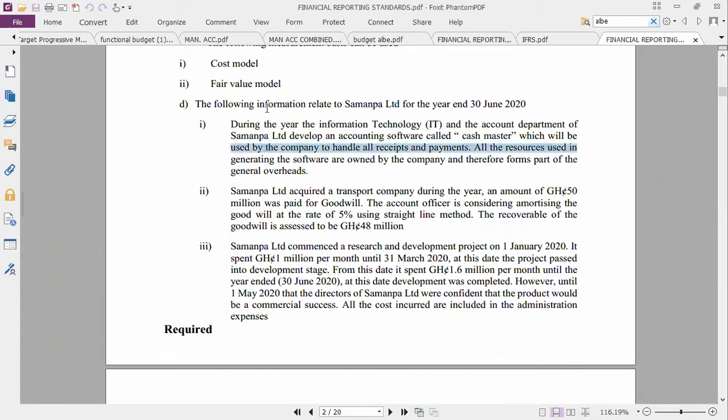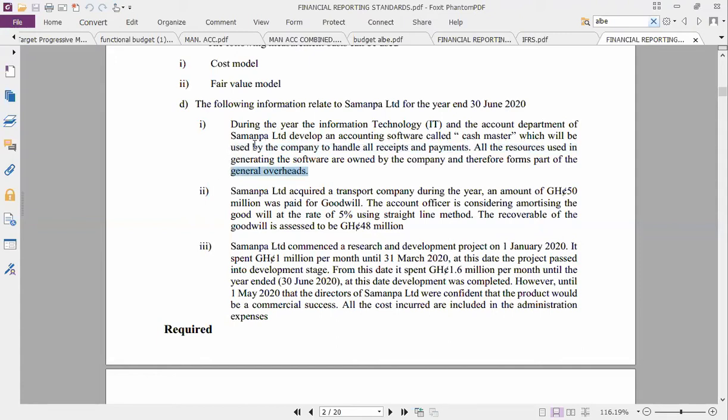So here it is an internally generated intangible. It will be very difficult for Samampa to separate the cost of the Cash Master from that of their general overheads, their operating cost. If you cannot separate the cost of the internally generated software or intangible, then we should not record it as an asset.